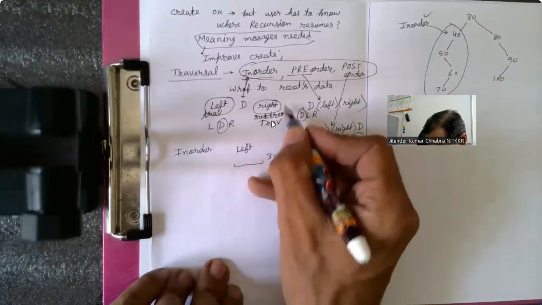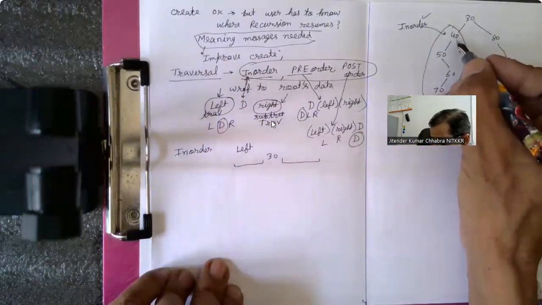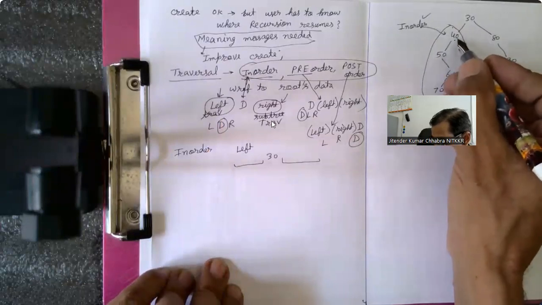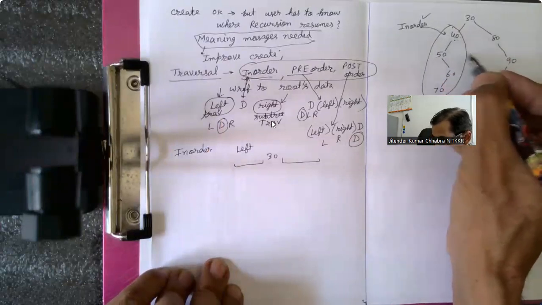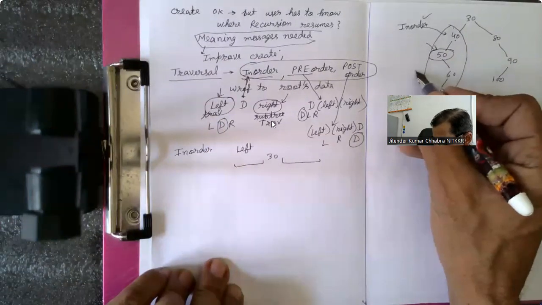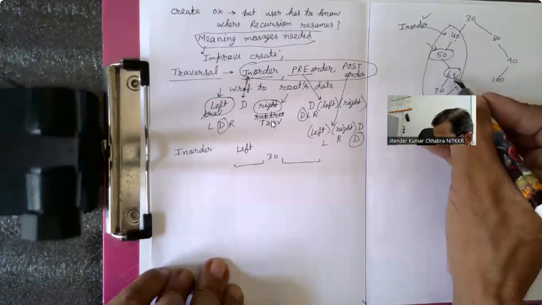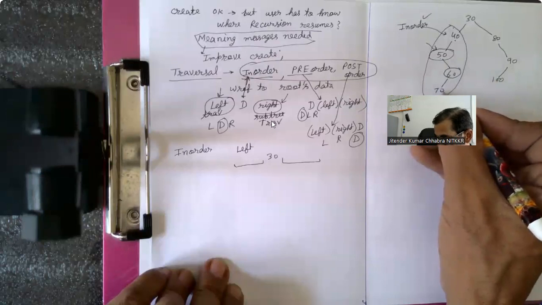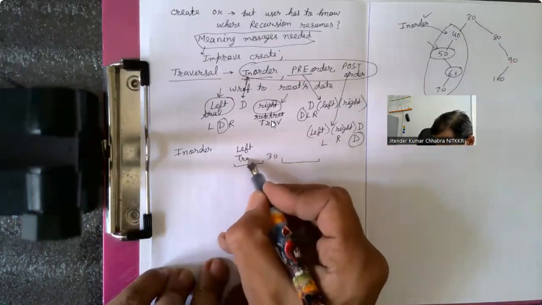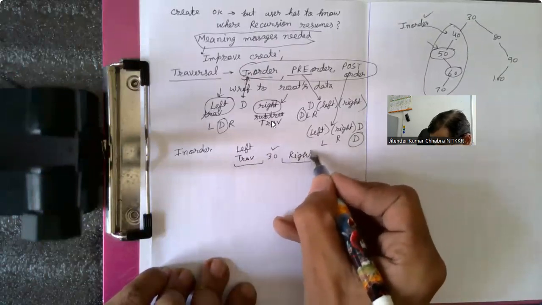So for 40 also the same logic is applicable. 40 will mean 50 followed by 40 and the right side. For 50 also the same is applicable, left side and then 50 and then 60. For 60 also this. So effectively it means the whole left traversal followed by 30 followed by right traversal.